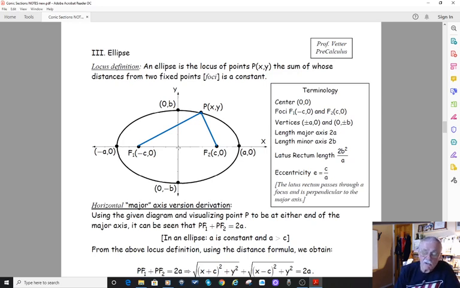We're going to be translating these later on, but right now we're going to assume it's centered at the origin, and the one that we'll be looking at is the horizontal major axis derivation. And then we'll just talk about the differences if the vertical axis is the major axis. Okay? All right, so moving along, we have a center at 0, 0.